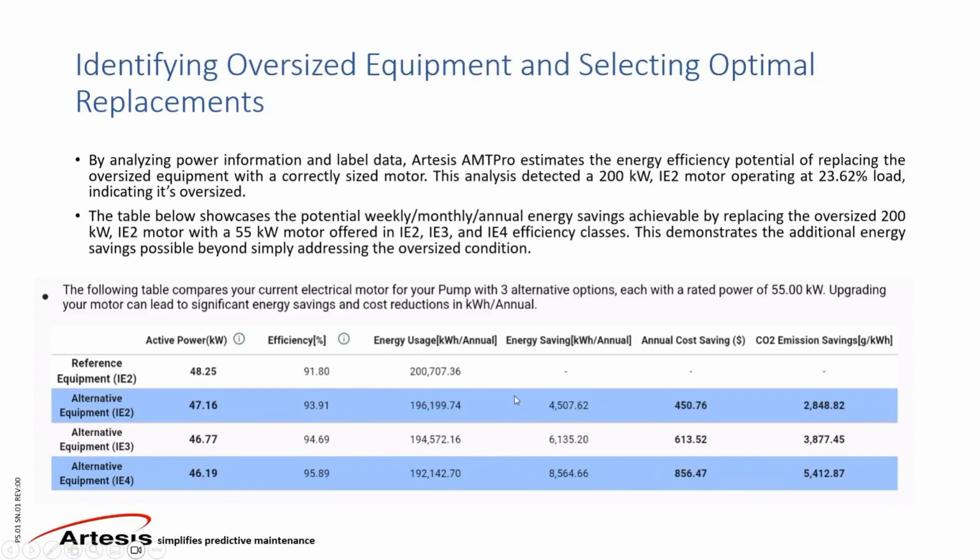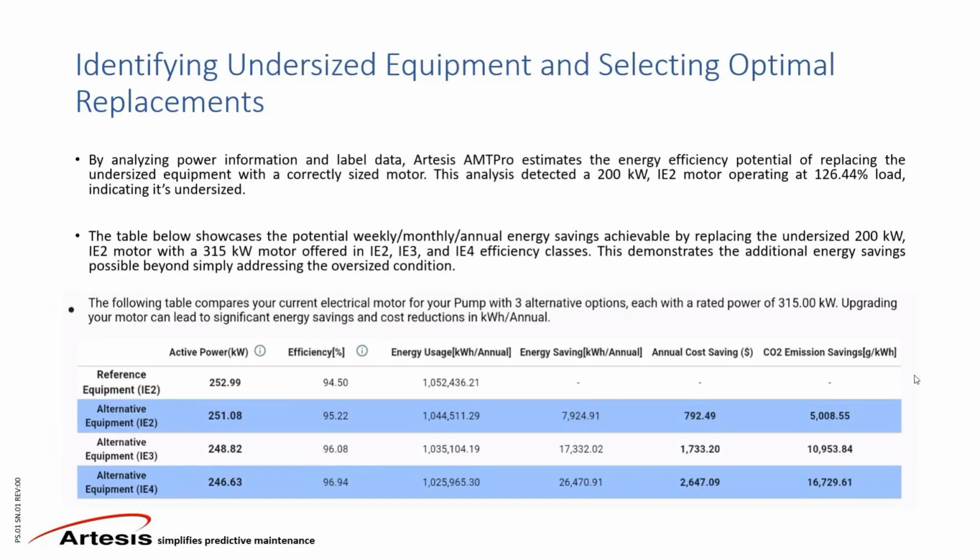So how much energy savings you can have just by properly sizing the motor, and it will also provide the carbon emissions associated with the energy savings. So you can also see the environmental impact that this move will provide to you. Same will apply again to undersized motors here. You go from an undersized motor to a higher one.